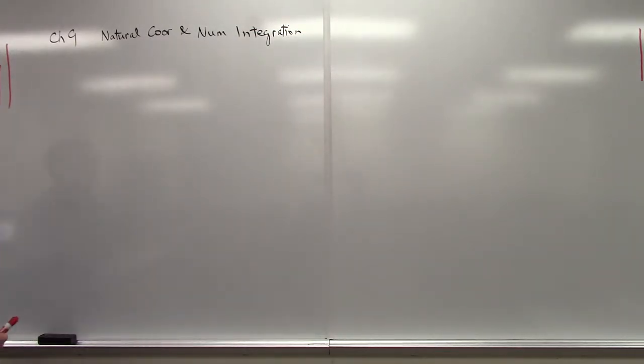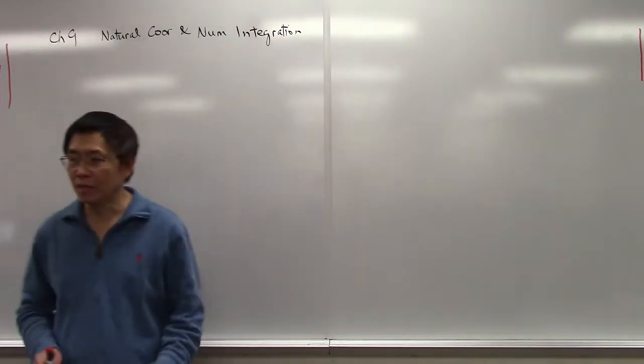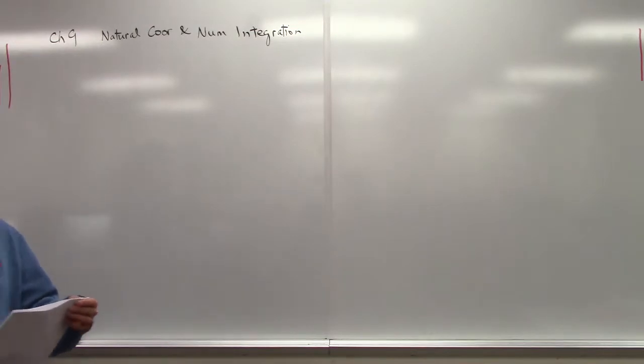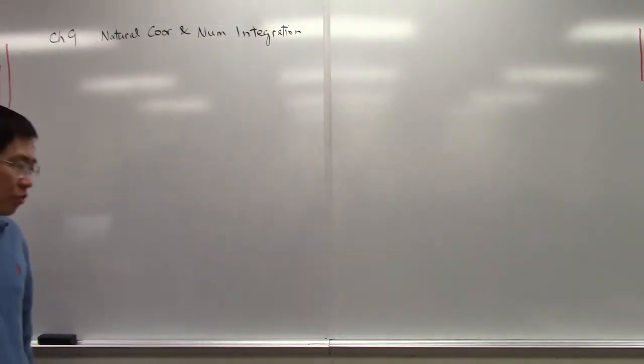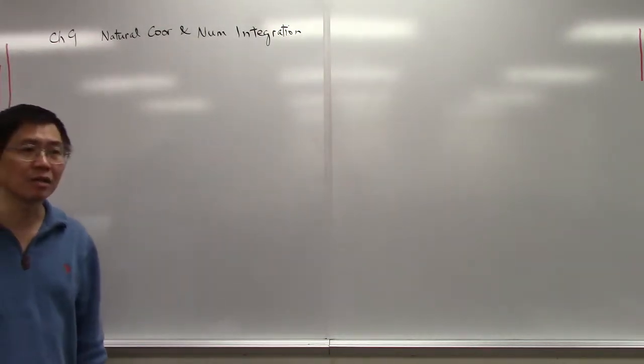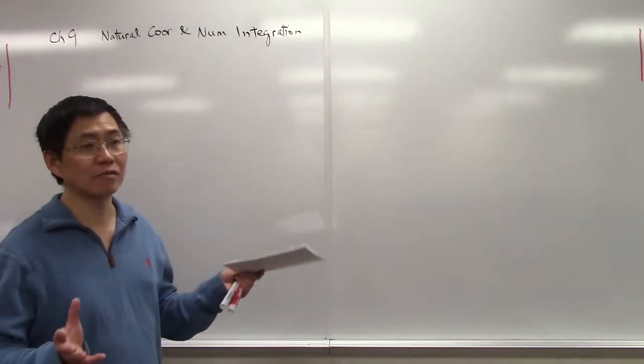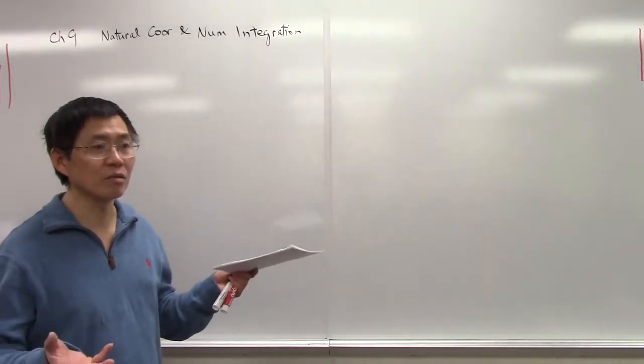In calculus course, we learn how to perform integration. We usually do a lot of exercises and try to get it. And the unfortunate fact about integration is that you're not guaranteed to obtain a closed form solution in general.